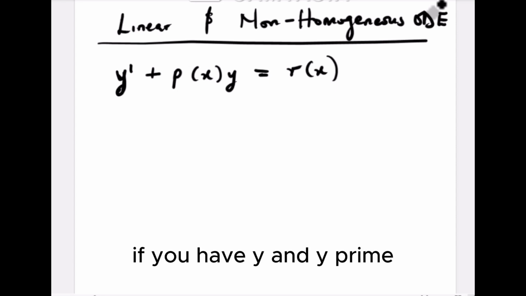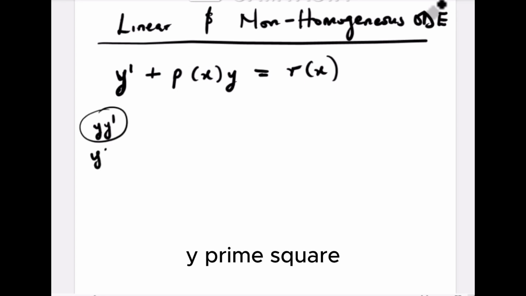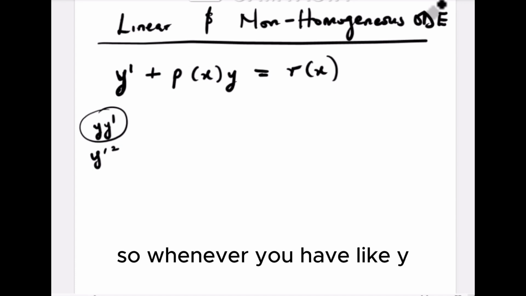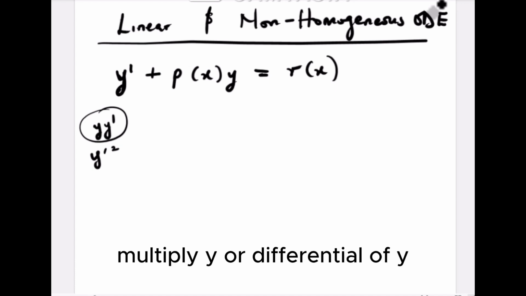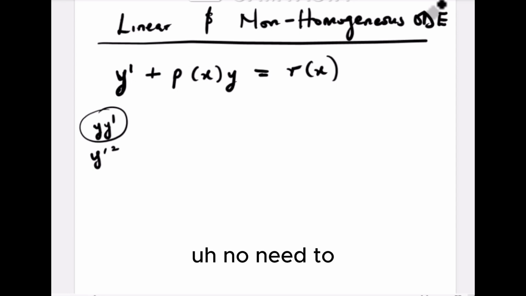For example, if you have y times y prime, this is not linear, or if you have y prime squared, this is also not linear. Whenever you see y being repeated or multiplied, it's going to cause non-linearity.